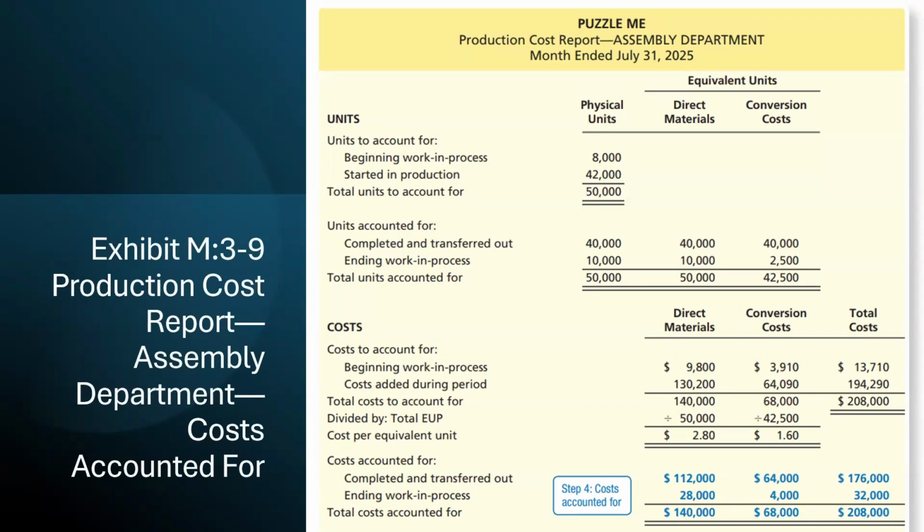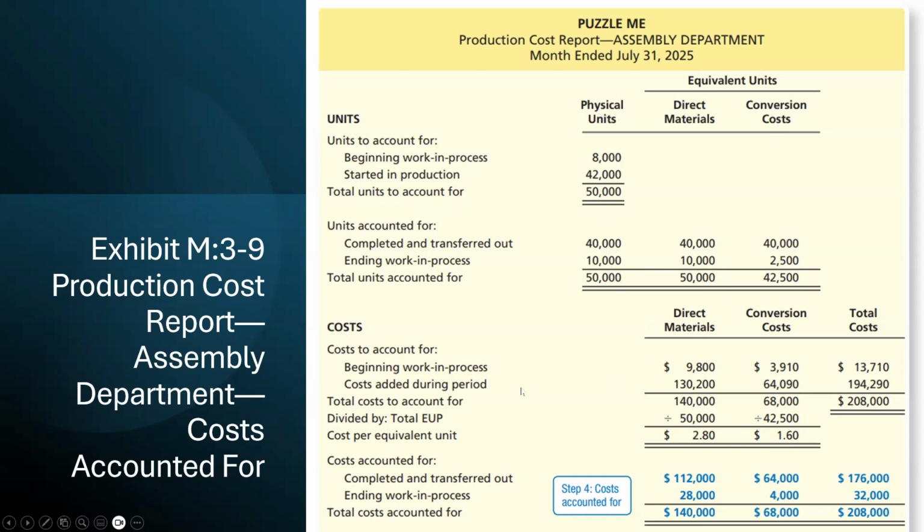Here you see Exhibit 3-9. It shows the completed production cost report for the assembly department. Step 4, the costs accounted for as shown by entries in the bottom cost section. So at the top here, you see equivalent units. You have units, physical units, direct materials, and then you have conversion costs.